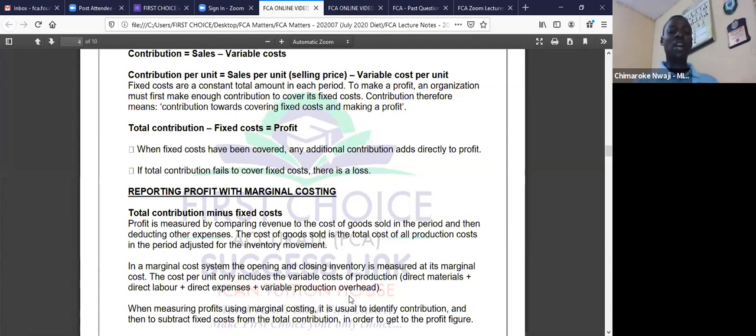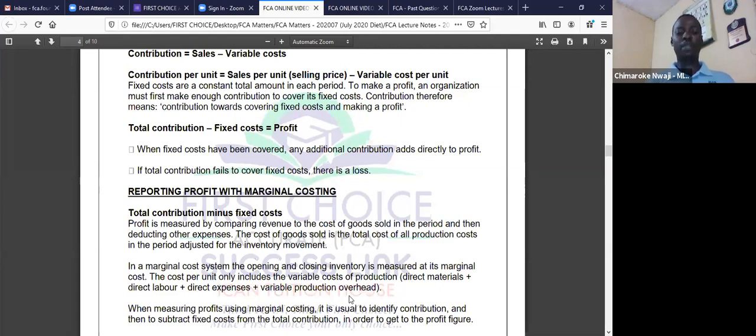Now, in marginal costing system, there is nothing like cost of goods sold, nor gross profit. That is not the style of marginal costing. That is not the style of management accountants. So that is why we say profit is not as important as contribution. In marginal costing system, the opening and closing inventory is not measured at full cost, but measured at marginal costs.